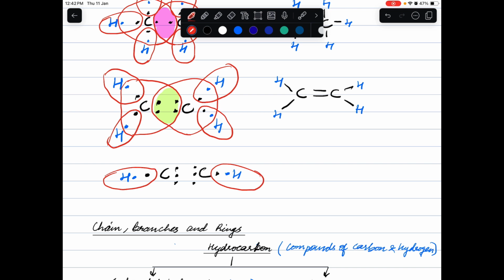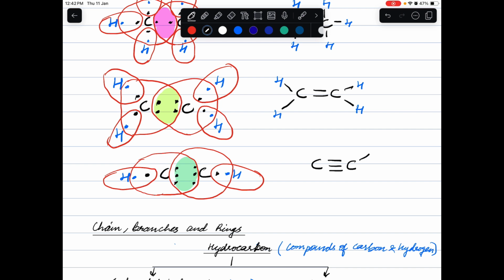Now each carbon will share 1 electron from hydrogen. So it is in need of 3 more electrons. So it will share 3 electrons of the neighboring carbon. Same is the case for the second one. Now in this case, between the carbon atoms, 3 electron pairs are shared. Therefore, we are having a carbon-carbon triple bond.